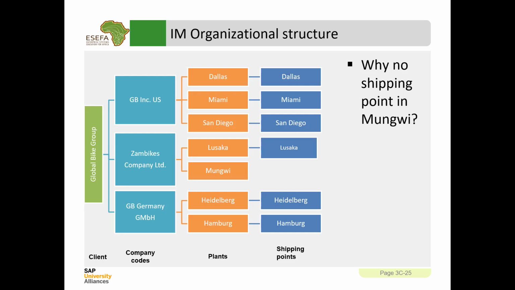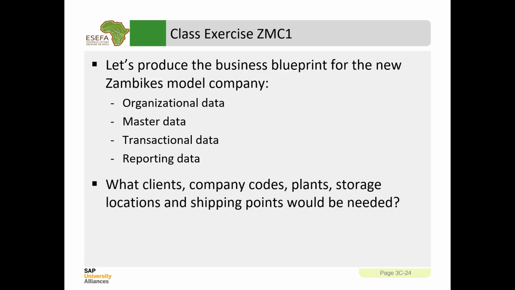So Mungwi is only a production plant that produces and supplies to Lusaka. That's just the organizational structure of the Global Bike group. You see the flow from the client to company codes to plants to shipping point.